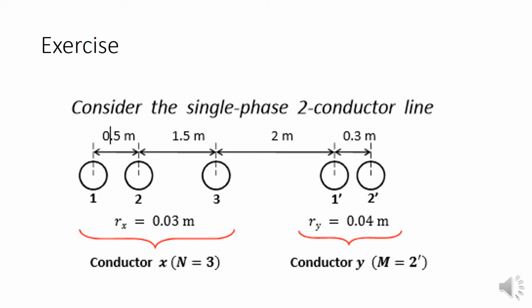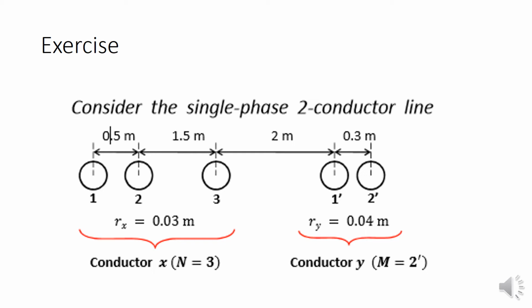In this example we will have two conductors, conductor X and conductor Y. Conductor X will have three lines, named 1, 2 and 3, so n is equal to 3.